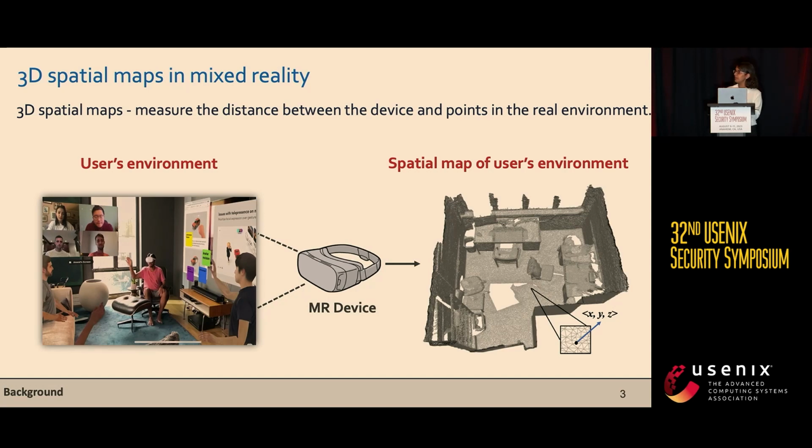MR devices provide this 3D representation of the user environment to MR applications as a 3D spatial map. The 3D spatial map is basically represented by a set of 3D points, where each point is a vector of 3D coordinates in the space that represents the distance between the device and the points in the real environment.